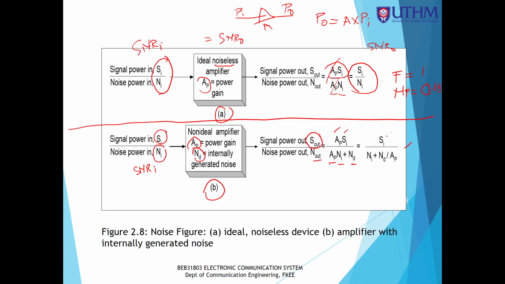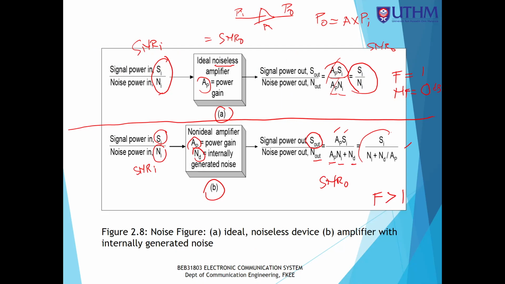In this case, you will see that SNRO is less than SNRI. That means the value of F is larger than 1. So this is the non-ideal case. This is for the single amplifier.